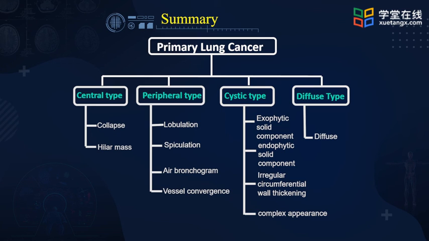Unfortunately, all these features can be seen with benign disease. Therefore, previous imaging, clinical information, and lab values, as well as past medical history, are often necessary to differentiate a suspected primary lung cancer from other etiology.